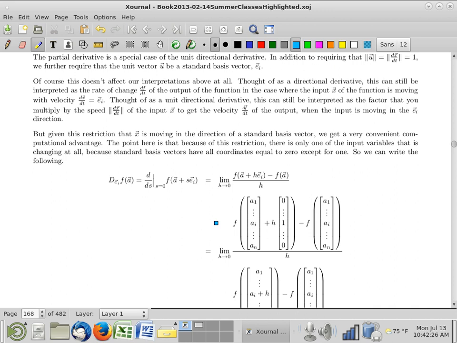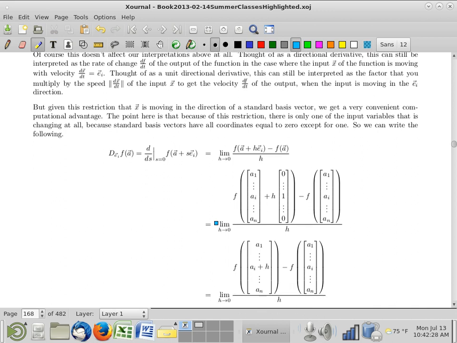Fine. So what's interesting about this is this allows us to observe that the first component here doesn't change. That first component is A1. We're taking f of this minus f of that. The first component is A1 here, and it's A1 there, because that is a 0.